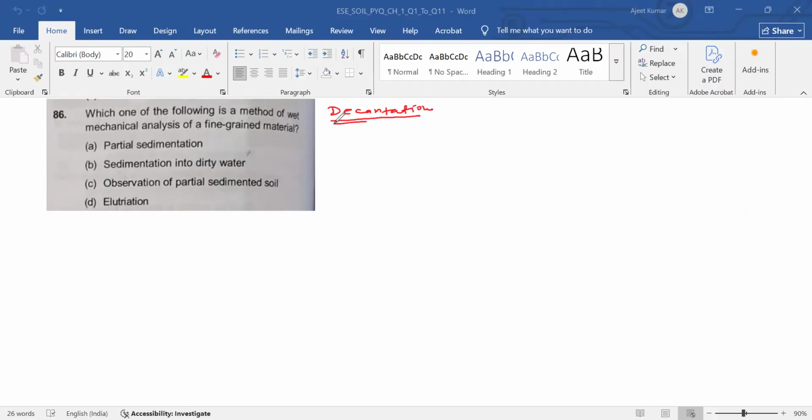Decantation is the simplest form of sedimentation analysis.